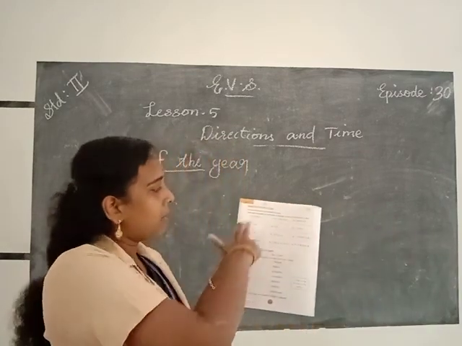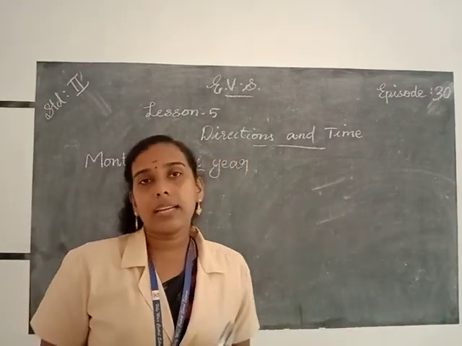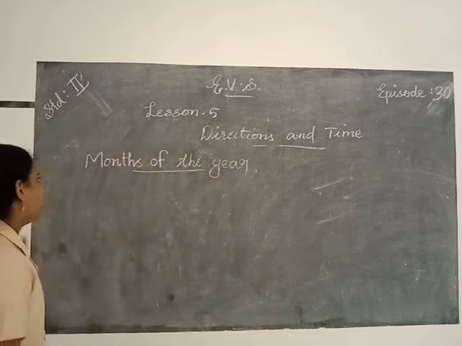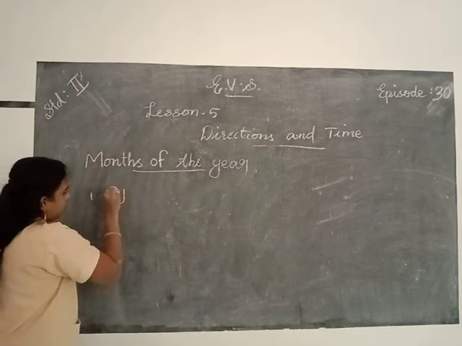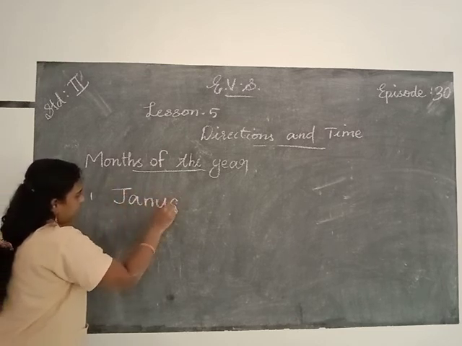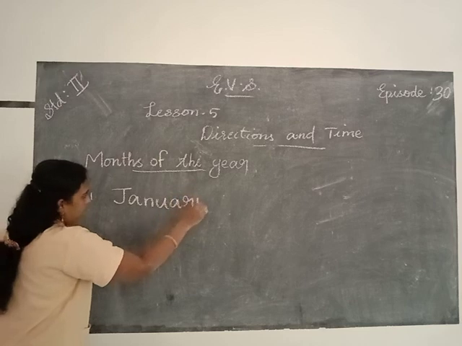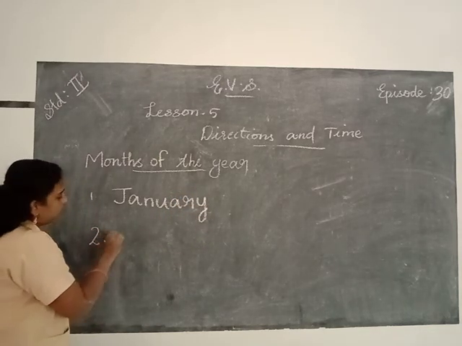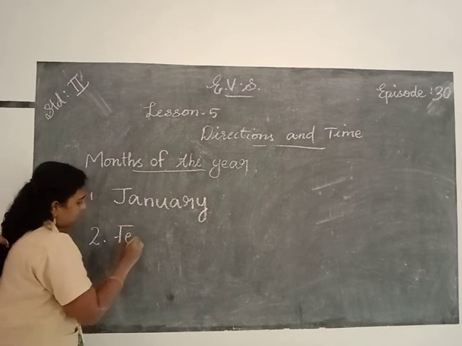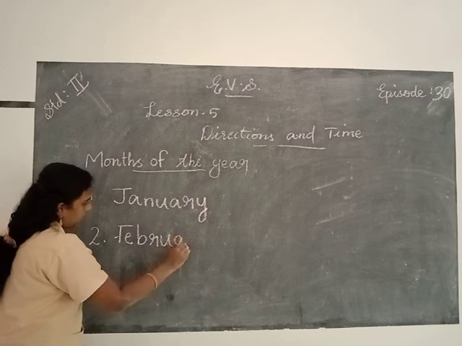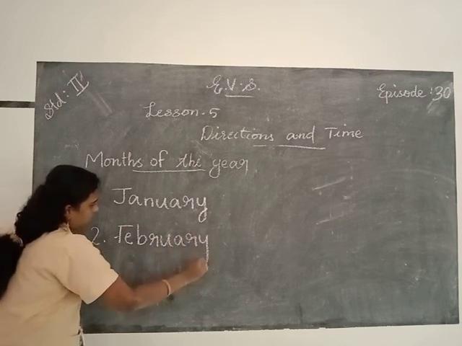And here the unscrambled letters are given. You want to write the correct name of the months. Okay, and the first one is January. J A N U A R Y. January. Then second one February. F E B R U A R Y.